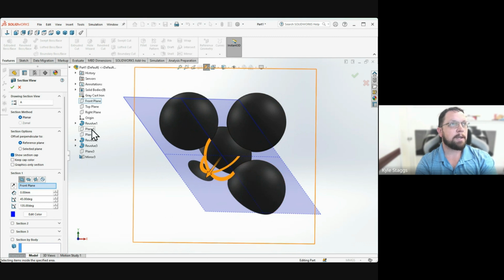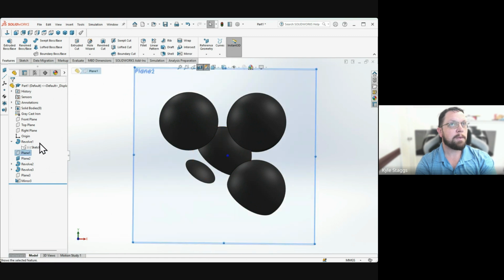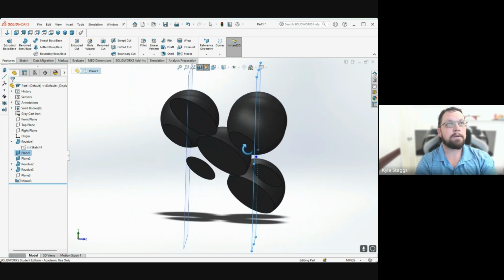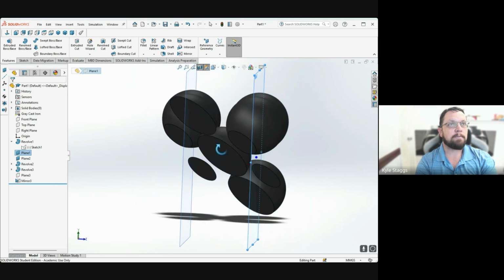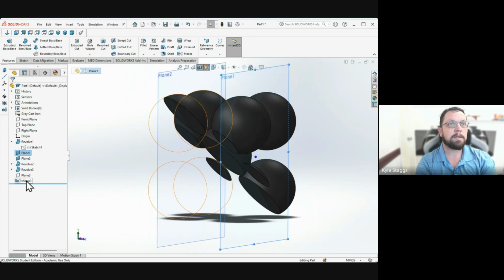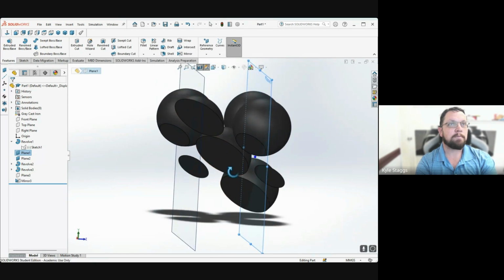If we bring back in plane 1 and plane 2. So I'm going to leave that section view there for a minute. Plane 1 and plane 2. So everything inside of plane 1 and plane 2, this is what that range would encompass as we look at that section view.